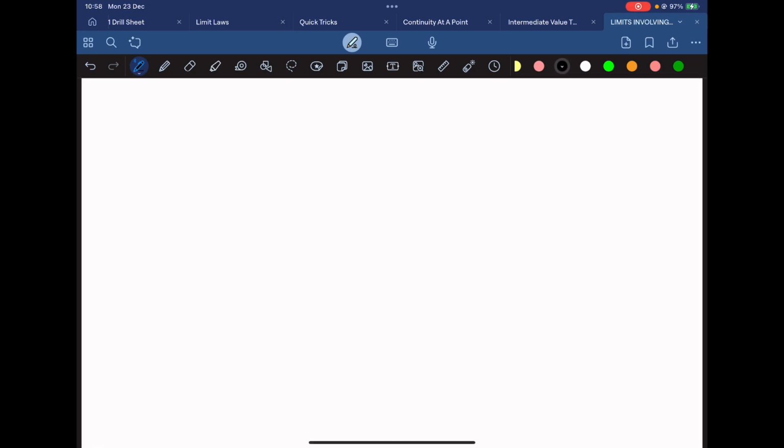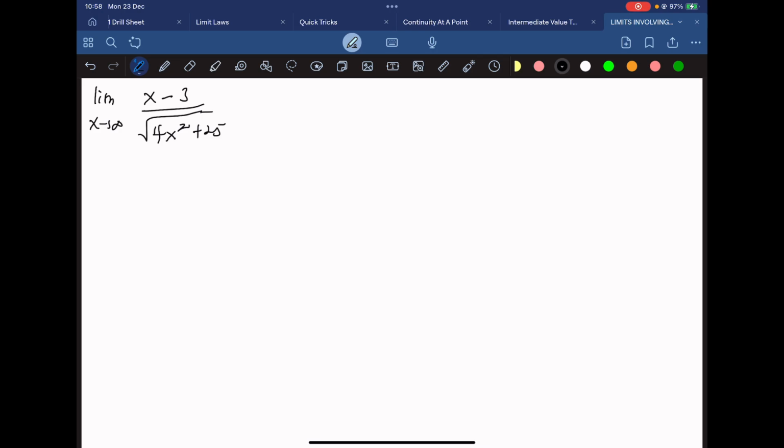We have to find the limit as s approaches infinity of x minus 3 out of 4s squared plus 25. Whenever you have a rational expression, you always look at the denominator, the highest power.